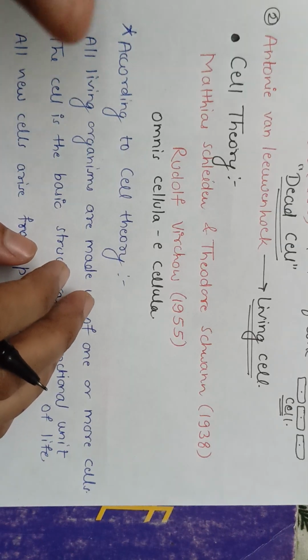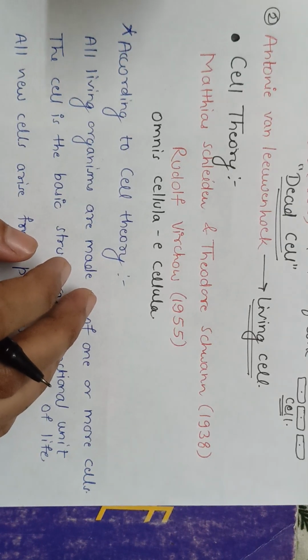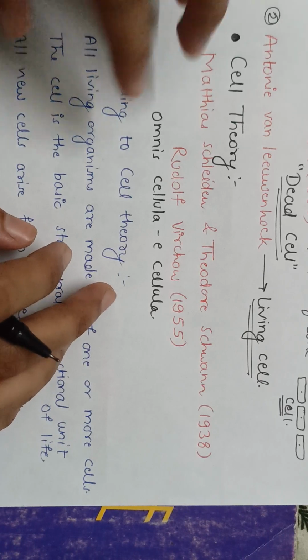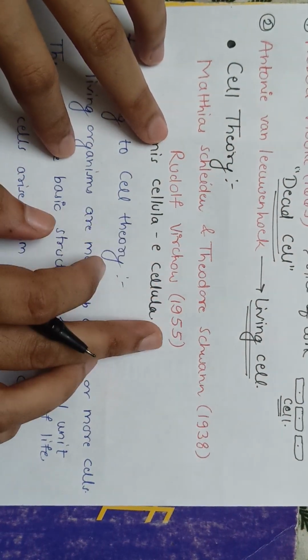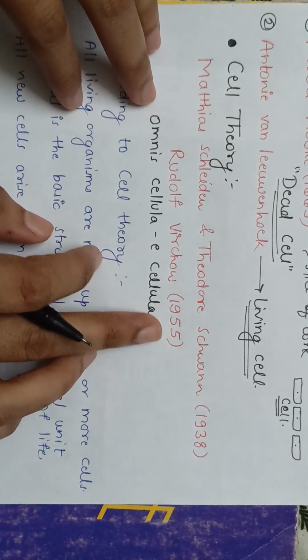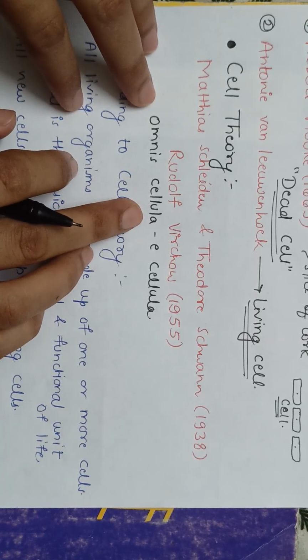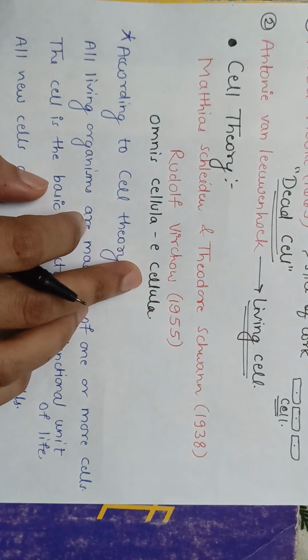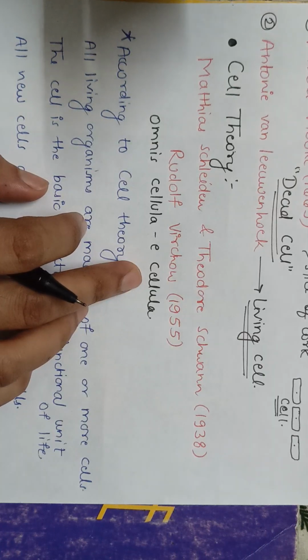This theory was good, but it had a shortcoming: it didn't explain how a cell arises. So for that, another scientist, Rudolf Virchow, in the year 1855, gave the term omnis cellula e cellula, which means new cells arise from pre-existing cells.